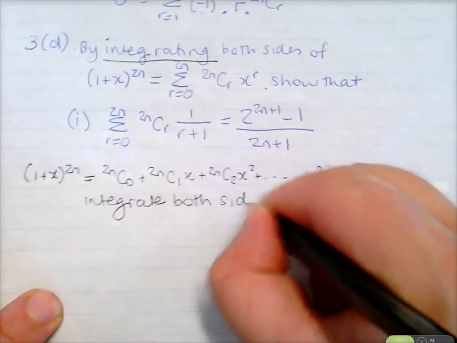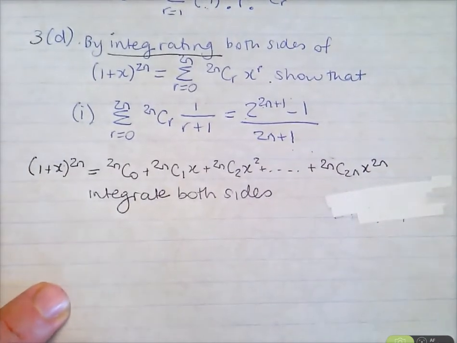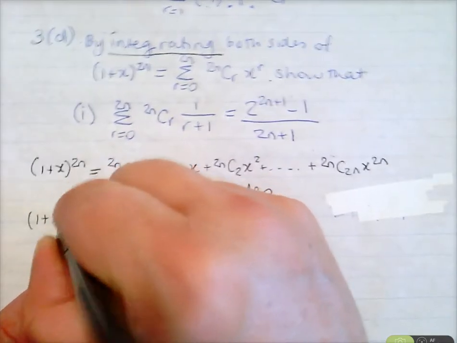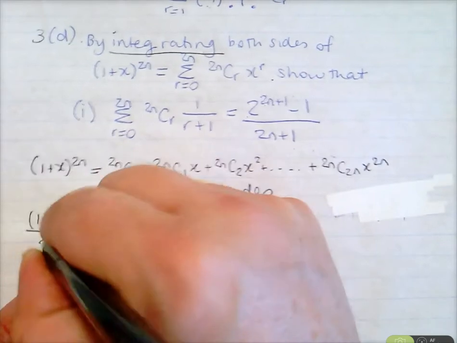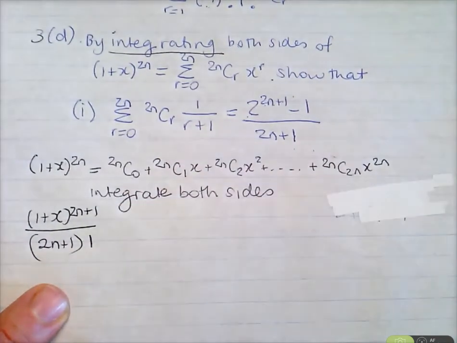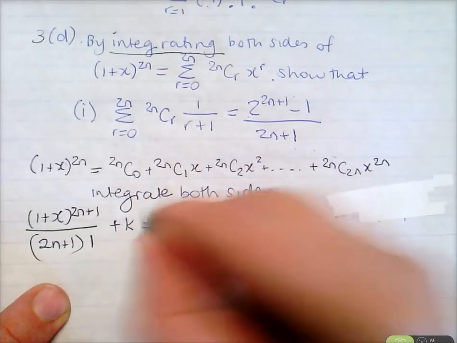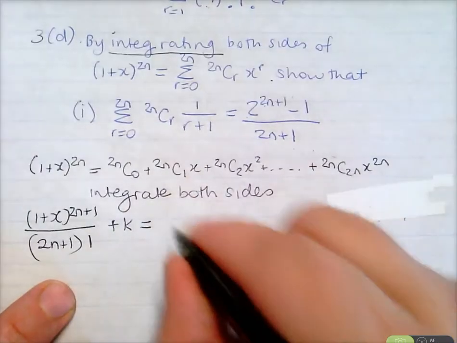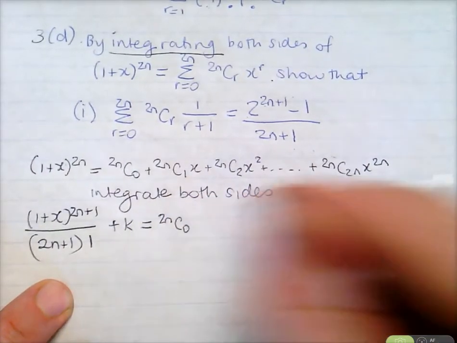I'm going to put the k on either the left or right, just make a decision, one of them will do. 1 plus x to the 2n plus 1 over 2n plus 1 times the coefficient of x, which is 1, plus k. I put it on the left. The k goes on the left or the right. What happens? 2nc0, what happens to that?